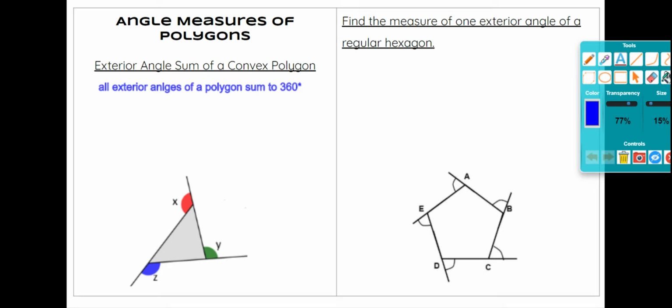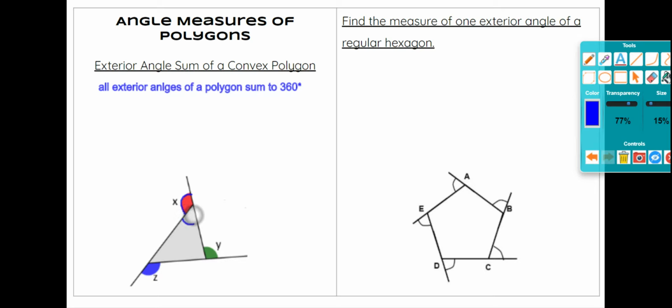So below we've got a triangle here. And the way that we could prove that is because we could extend these segments of our triangle out just like these are. And we could measure angle X here. That angle would be a linear pair, or two angles that add up to 180 degrees and are adjacent to each other.